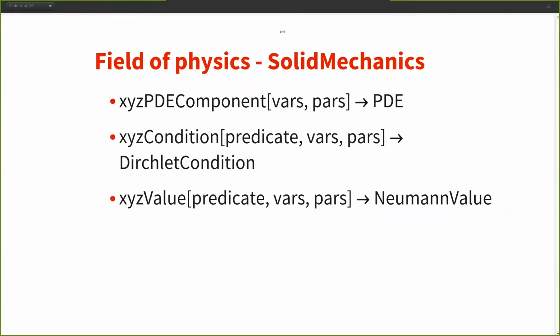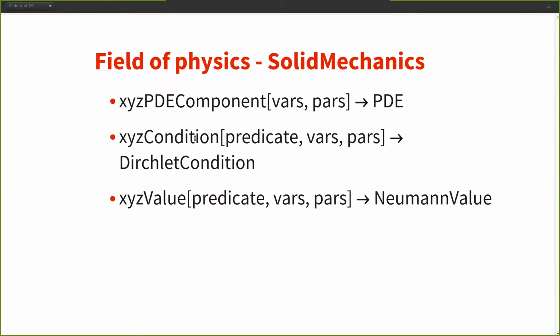Right, so when we speak of a field of physics and PDE modeling in that area, what we typically do is that you have a function that's called XYZ PDE components. This function gets the dependent and independent variables and some parameters, typically material parameters, and will return the core PDE for this field of physics.